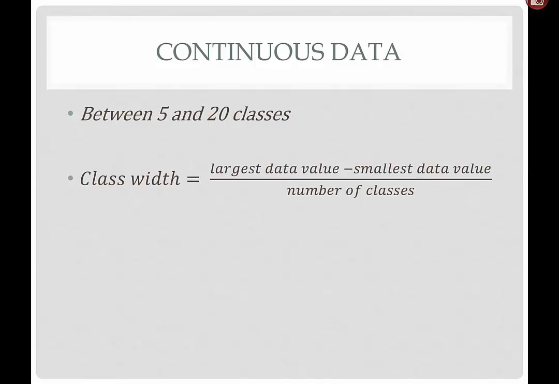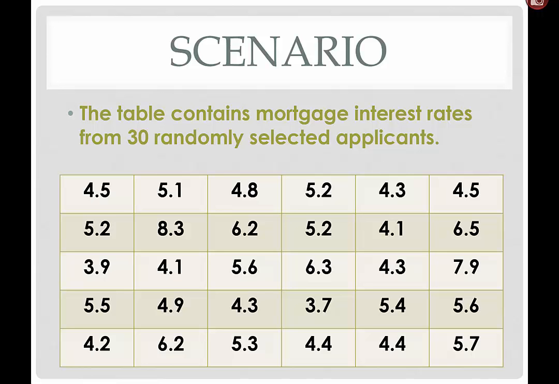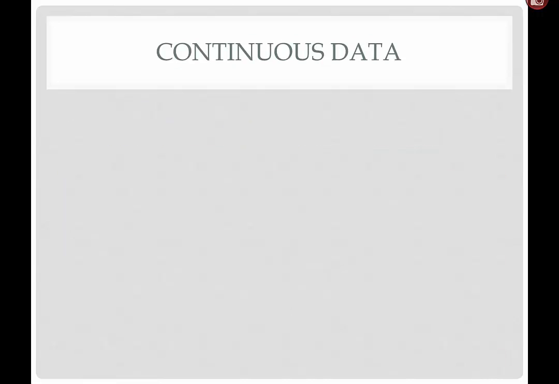And basically the classes are going to tell you how many bars you're going to have for your histogram. So notice if we go back, our largest data value is 8.3, and the smallest data value is 3.7. So you're going to take 8.3 minus 3.7, and then divide by however many classes that you want.